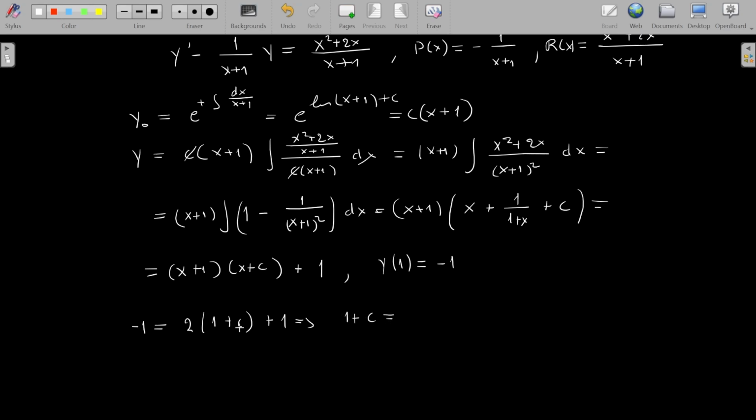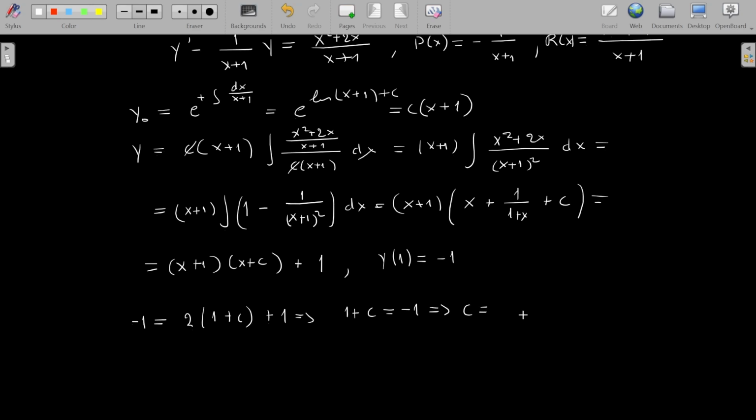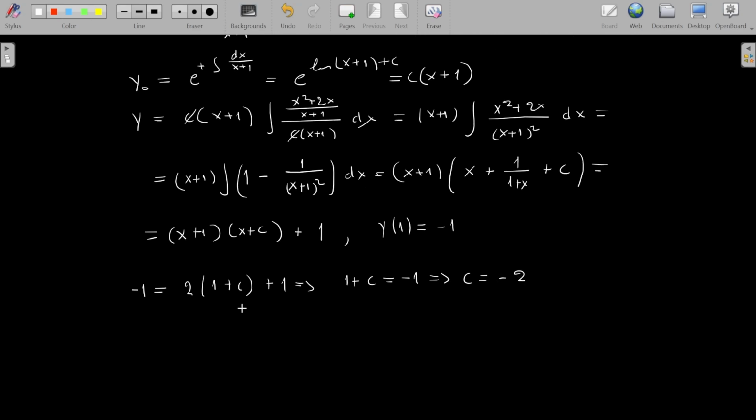This is minus 2 over 2, minus 1. So the constant is just minus 2. And the full solution of the differential equation for the given initial condition is x plus 1 times x minus 2 plus 1.